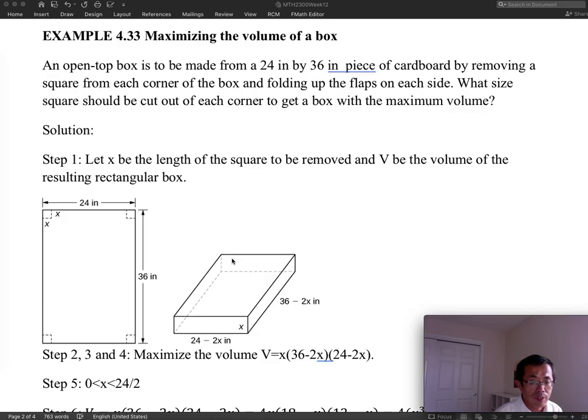This is certainly one shape it could look like, and also you could have a rectangular box which may look very tall, but the base is not too big at all, right? So there are many different ways to build such a box, and the actual situation we want to solve here is what size square should be cut out of each corner to get a box with the maximum volume.